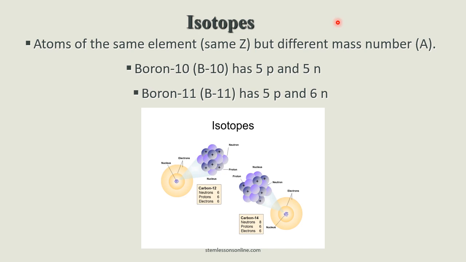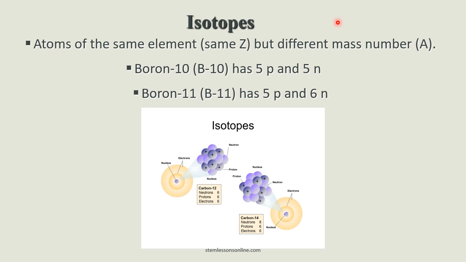Similarly, we can see for sodium there are two isotopes, Na-23 and Na-24, which means one of the isotopes is with 11 protons and 12 neutrons, and another isotope will have 11 protons, the same number of protons, but the second isotope of sodium will have 13 neutrons instead of 12 neutrons in the previous one.